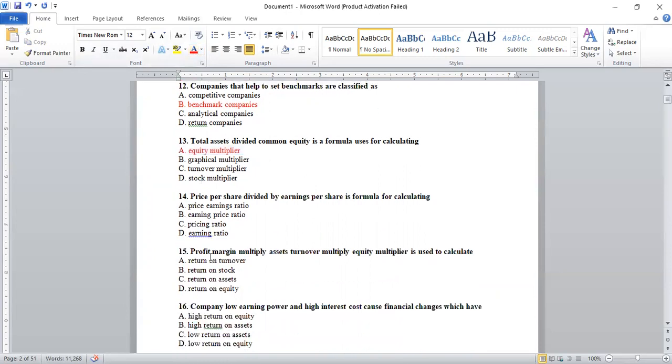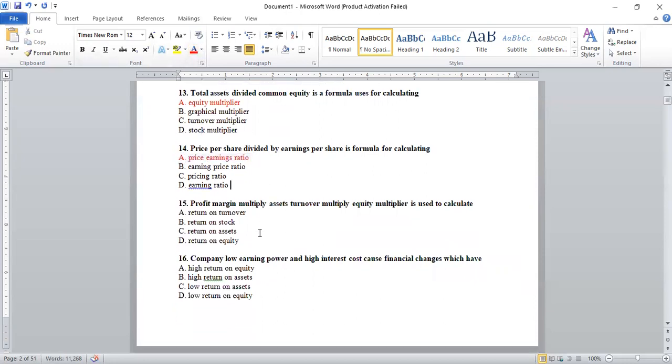Question 14. Price per share divided by earnings per share is a formula for calculating the price earnings ratio. Question 15.